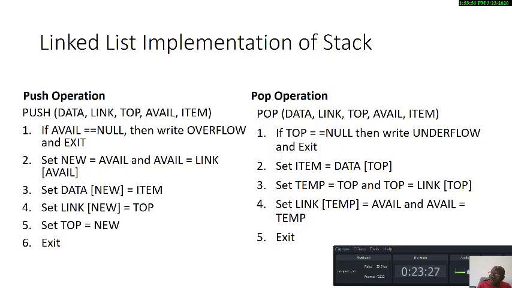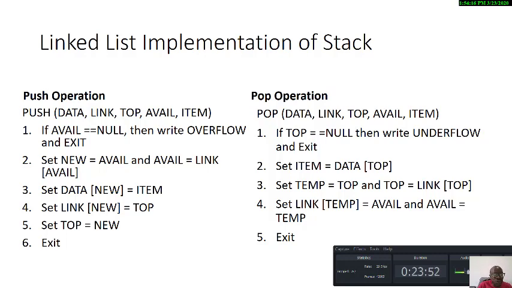But if there's an empty space to insert, then you get that empty node, put in your item, then connect that node into the actual list. So you go to the available list, you pick a node, you put in your data, then you connect that node to the actual list.